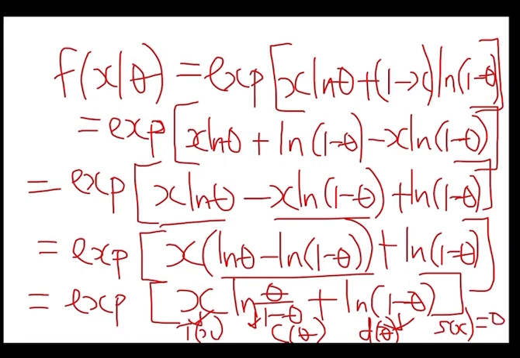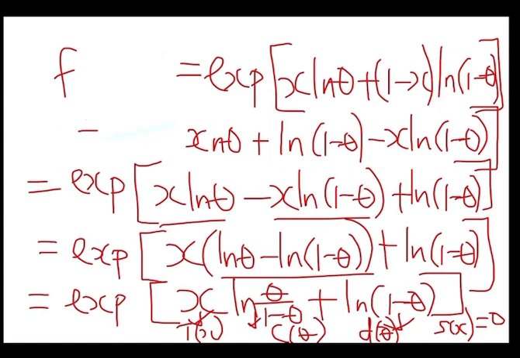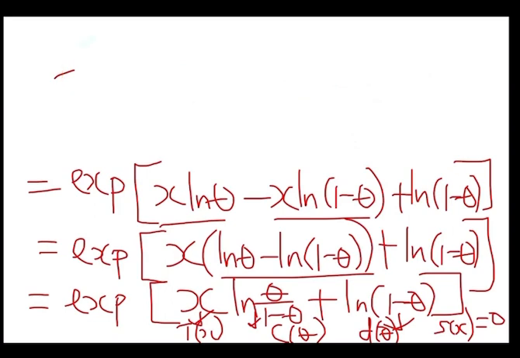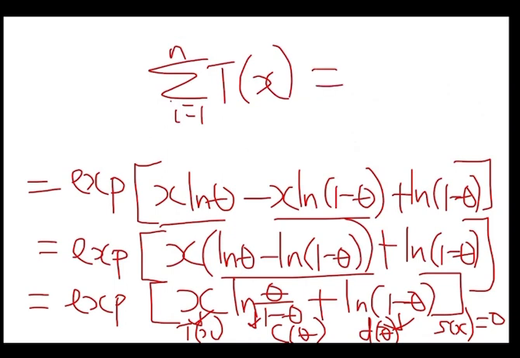Since this follows the exponential family, it would be possible to figure out the sufficient statistic. Because this follows the exponential family, I'm going to say my sufficient statistic is the summation of t of x, and in this case t of x is x, which is going to be summation x.